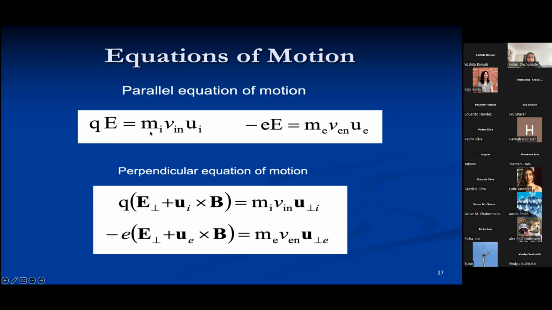This is for the ions, and this is for the electrons. We're looking at winds and collisions and mass. Perpendicular, as you know, they're gyrating around, but they cannot really move across the magnetic field unless they have a collision. So that's why these collisions are here. All right.